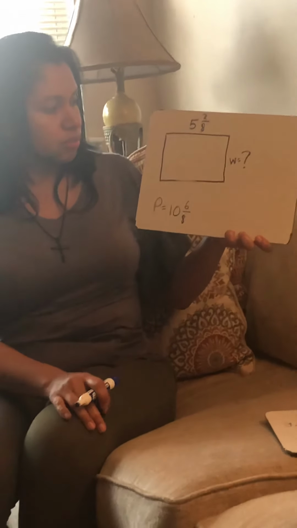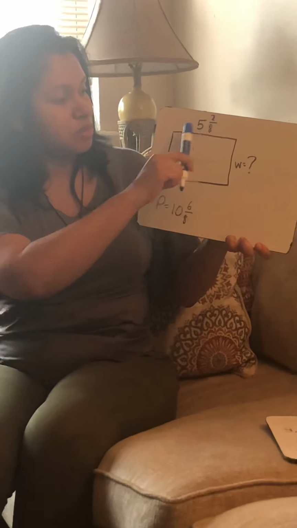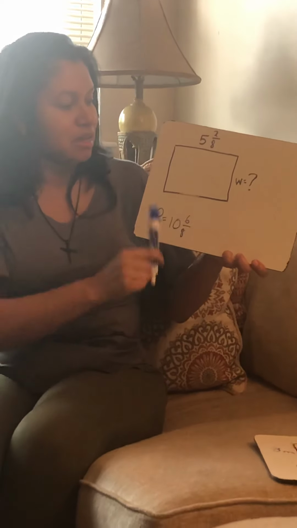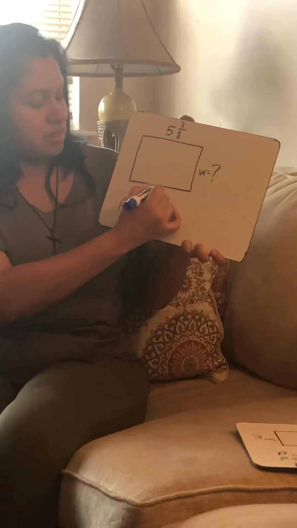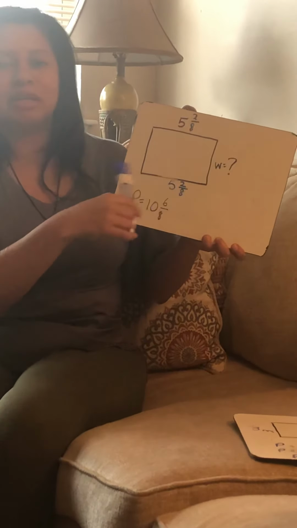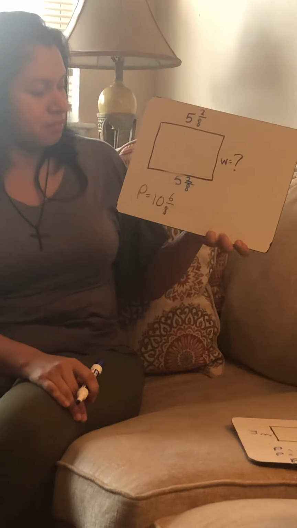All right, so with this one, we're going to find what the width is. They gave us the length and they give us the total perimeter. So I know that this side is also 5 2/8. I didn't write a unit of measurement. It could be yards, feet, meters, centimeters.